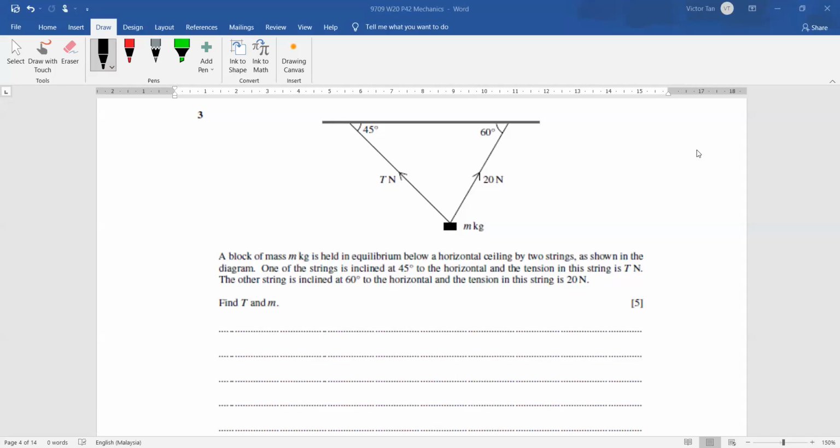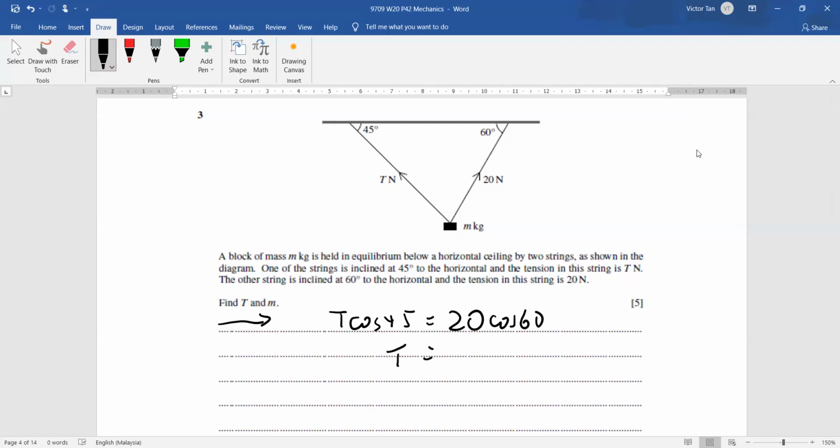Okay, for this question you can use a triangle of forces, but it will not be a right angle triangle. So I'm going to use resolution of forces. Resolving horizontally, T cos 45 equals 20 cos 60.